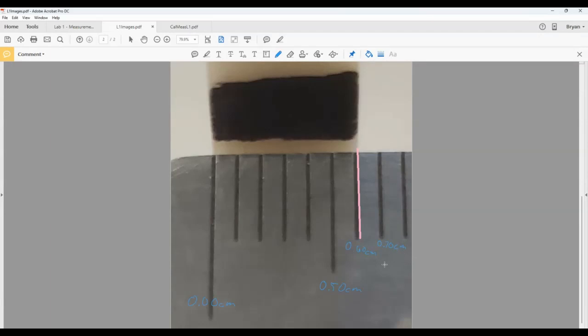Like I said before, a lot of times it helps to think about money, right? So this looks like 60 cents, next line looks like 70 cents. And where this object hits the ruler, where the pink line is drawn in, that's just a hair past where 60 would be. So keep that in mind. It helps you to kind of cheat up your answer. As far as giving this a name, this was the 4th disk in our set.